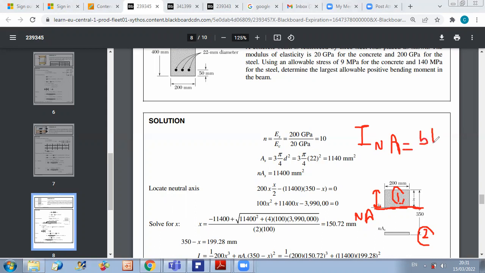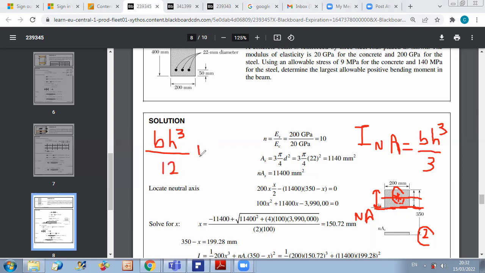Okay, and if you don't know this formula, it's fine. You can apply the parallel axis theorem, because you know that the inertia about an axis passing by the center of the rectangle is bh cubed over 12. And then, in order to find it about the neutral axis, what should you do?